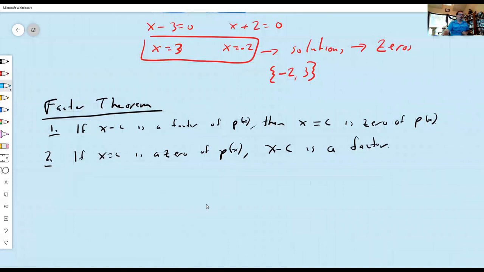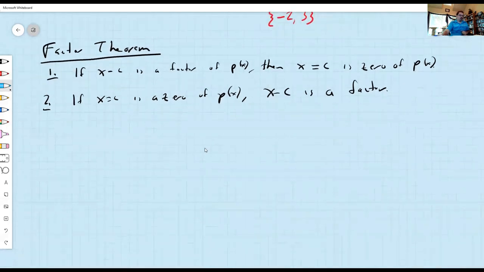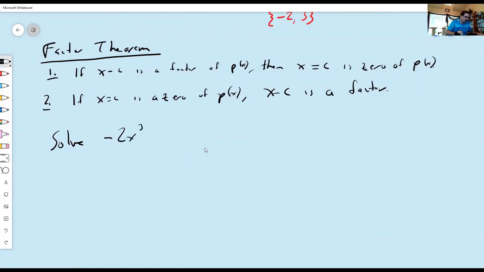So our long-term goal is we're going to try to solve something in a second. Solve minus 2x cubed plus 11x squared plus x equals 30. We want to solve this.